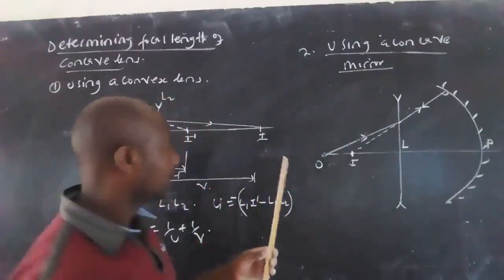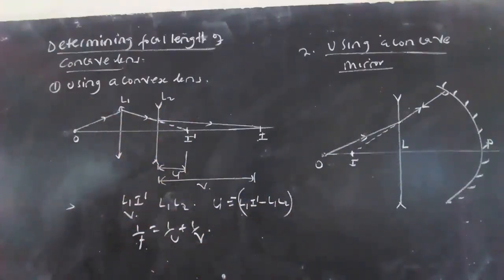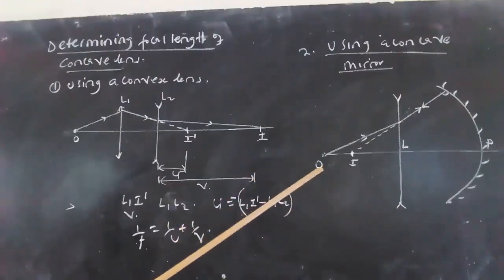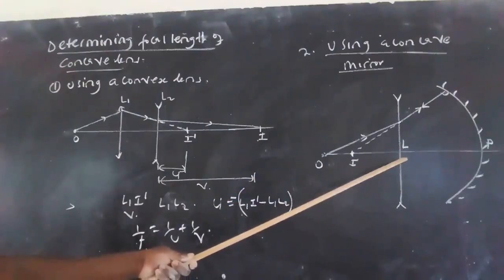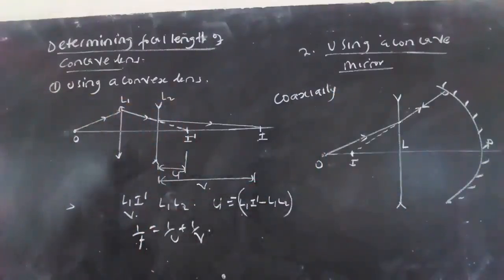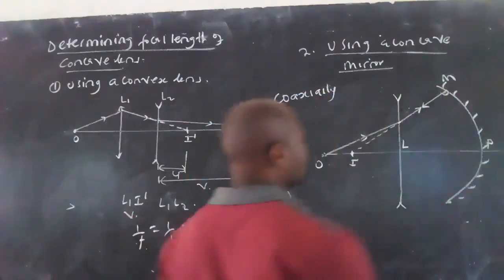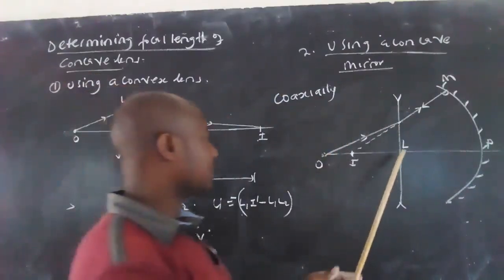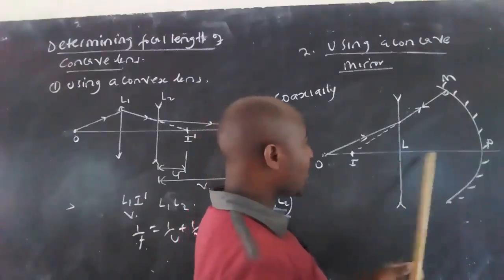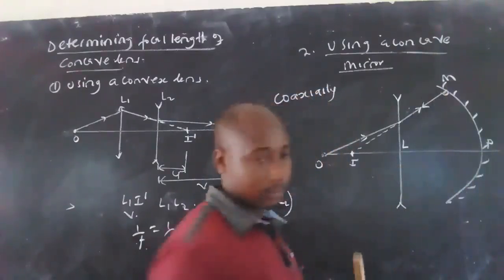So we shall now say that an illuminated object P is placed in front of a diverging lens L, arranged coaxially with a concave mirror M of known focal length.